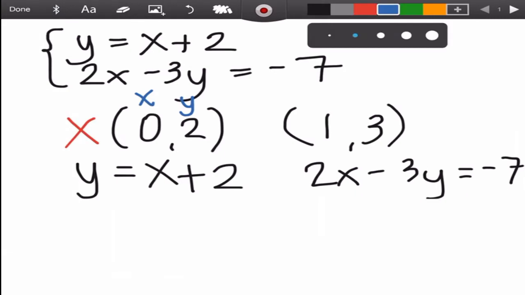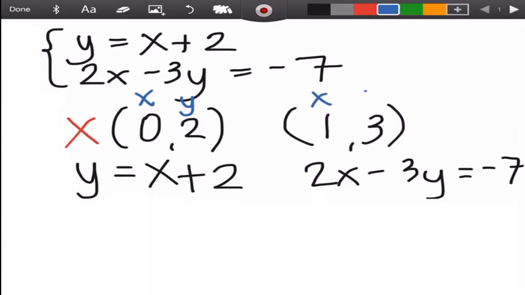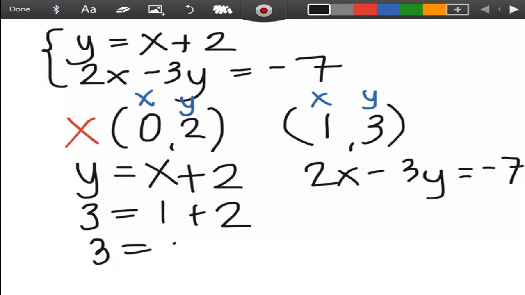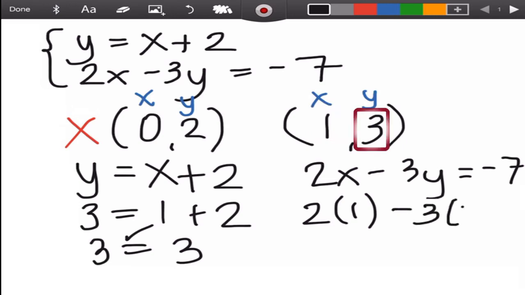How about (1, 3)? So we will find out if (1, 3) is part of the solution of this system. So we have x is 1 and y is 3. Substitute it in the first equation. y is 3 equals x is 1 plus 2. 3 equals 1 plus 2, that is 3. So this is correct. For the second equation, we have 2 times x, which is 1, minus 3 times y, which is 3, equals negative 7.